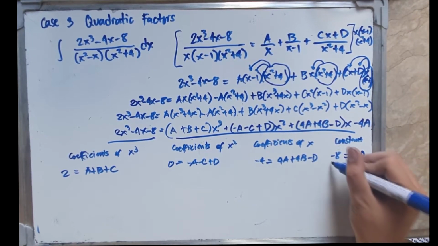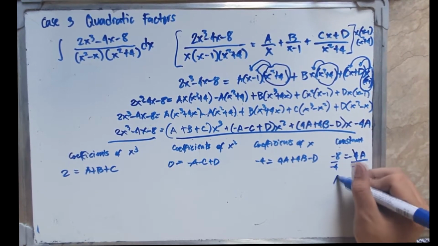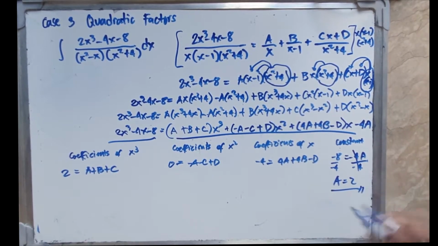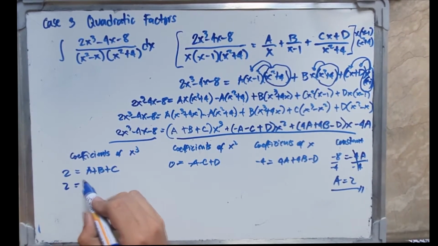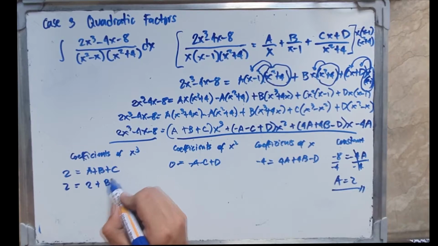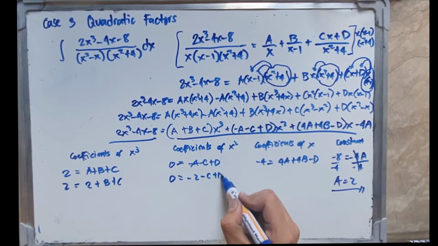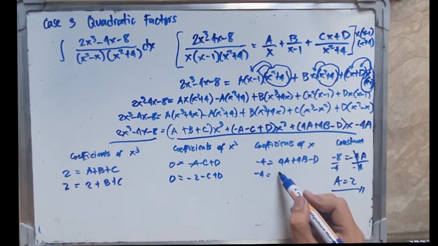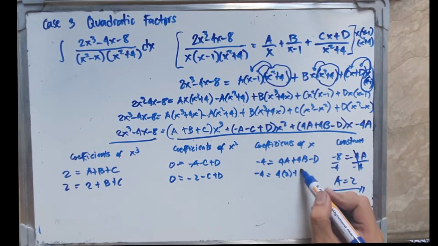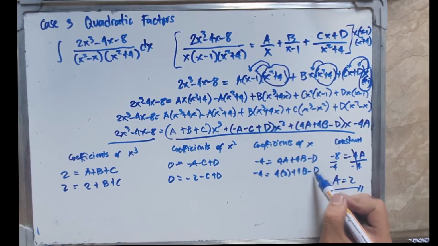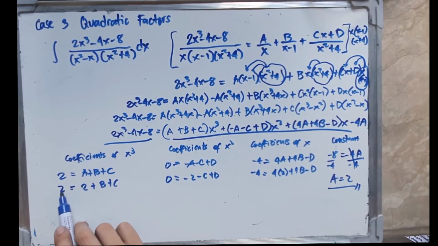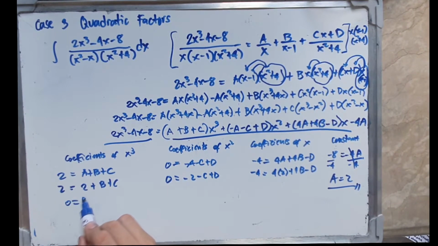We could now find the value of a. Negative 8 over negative 4, a is 2. We could also have the values of a here, 2 plus b plus c, negative 2 minus c plus d. And we have 4 times 2 plus 4b minus d. Transpose, 0 equals b plus c.